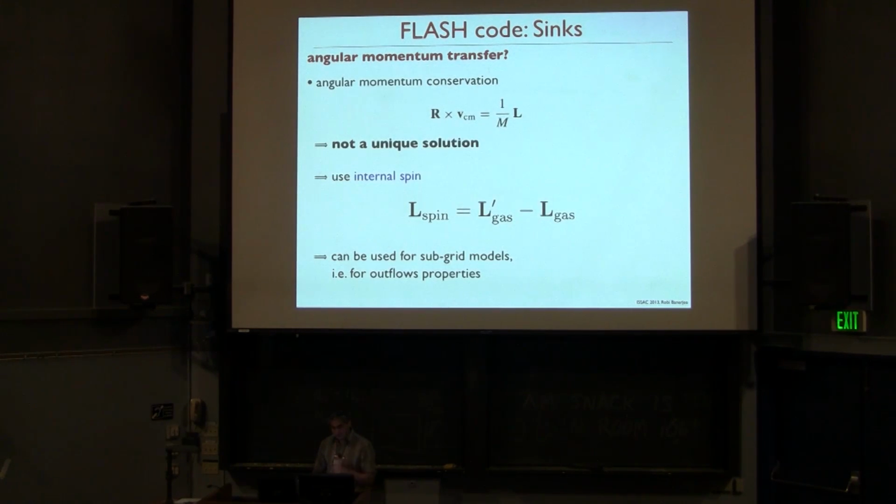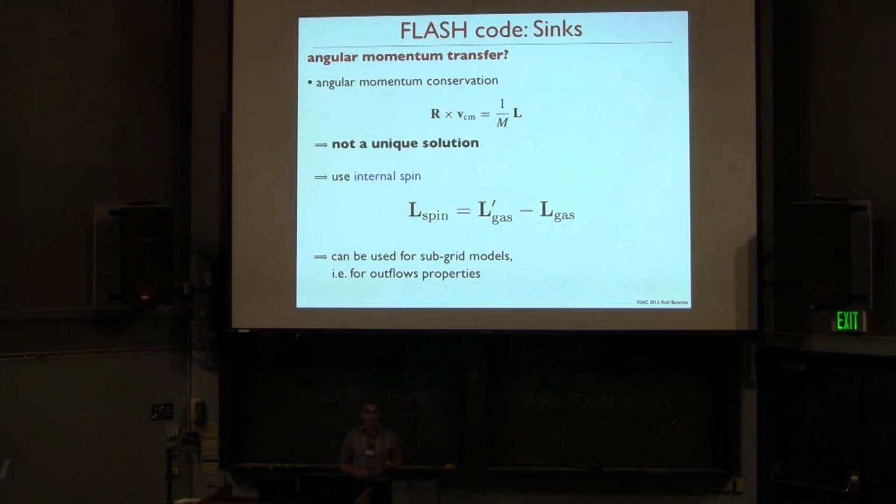It's a little bit more tricky when it comes to the angular momentum, because it's not quite unique what to do with it. There's one possibility: you give the sink particle an internal spin. So if you add up the angular momentum in your simulation box plus the internal spin of your sink particles, then you have angular momentum conservation in this sense.